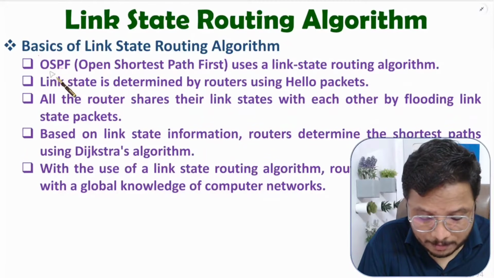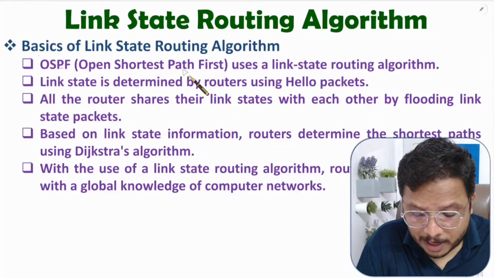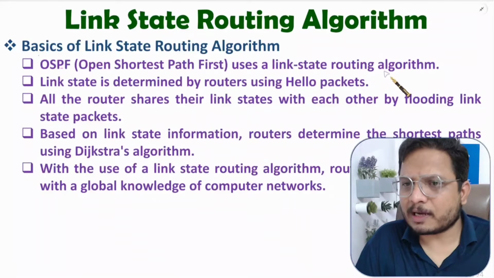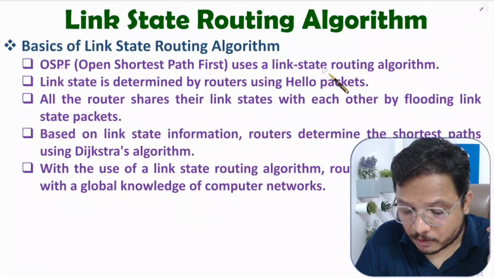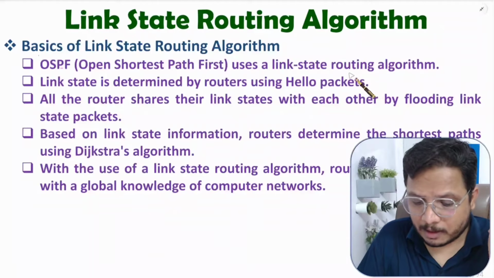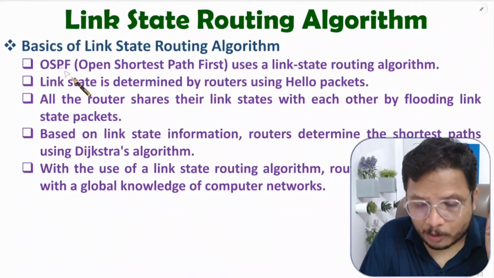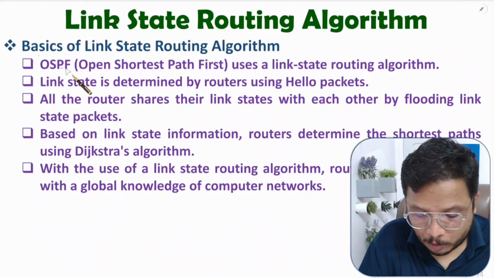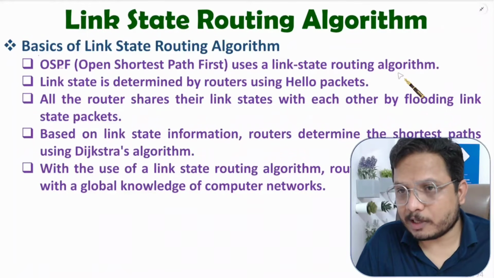OSPF, Open Shortest Path First, uses this algorithm only. There are some other protocols that also use this algorithm for shortest path identification, but the widely used protocol right now in 2023 is OSPF, and this protocol uses the link state routing algorithm.